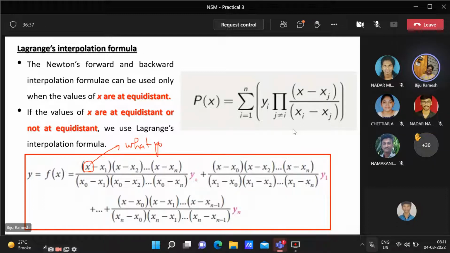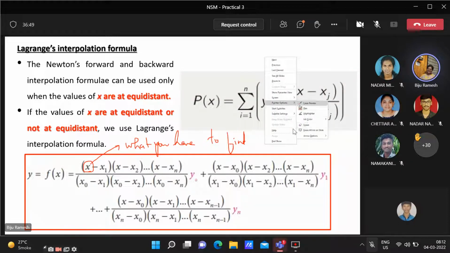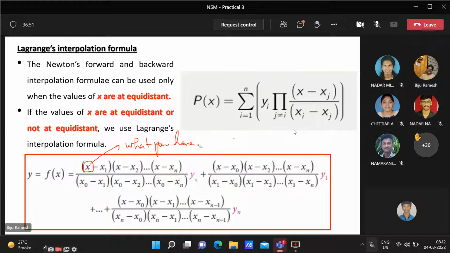This x value is given to you, and for this given value you have to find the corresponding y value.